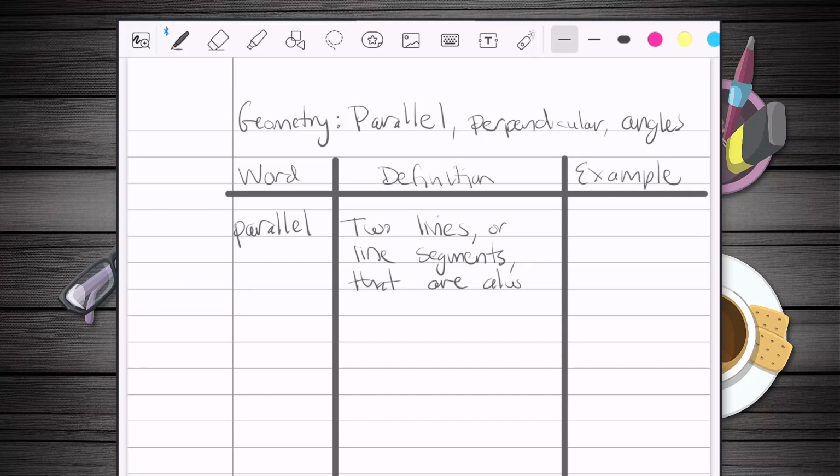So 2 lines or line segments that are always the same distance apart. They will never meet. Parallel lines are 2 lines or line segments that are always the same distance apart and will never meet.